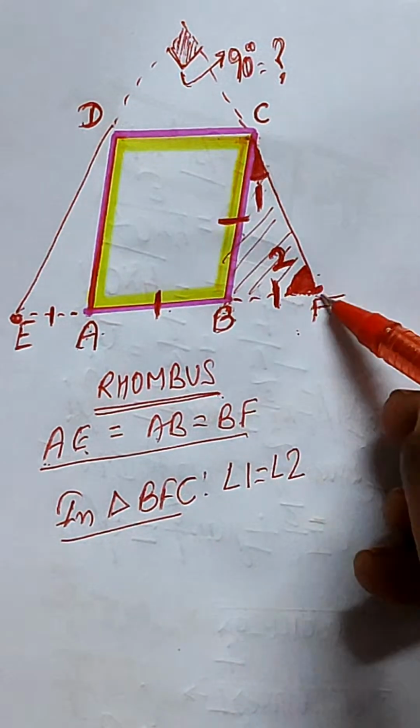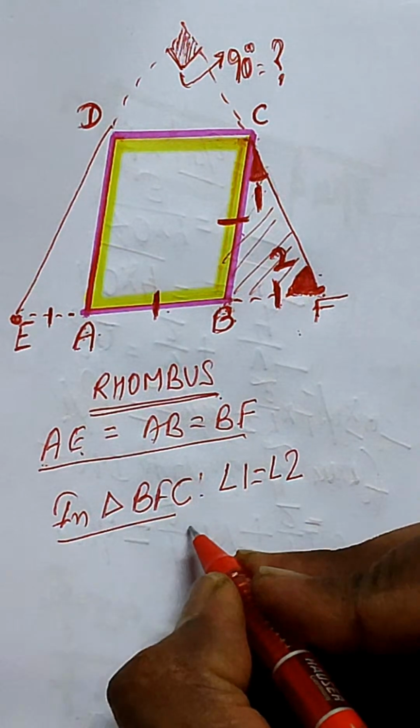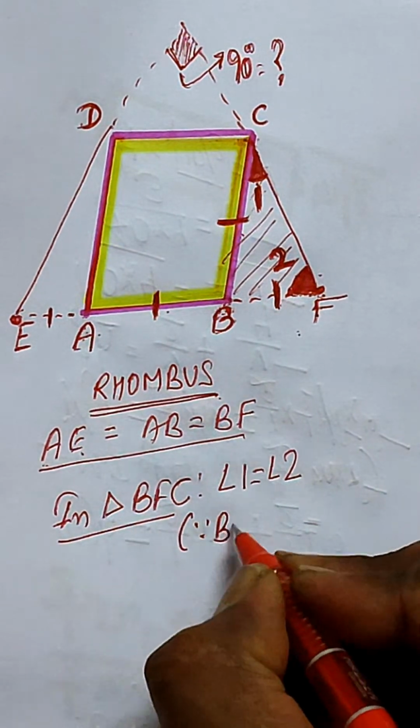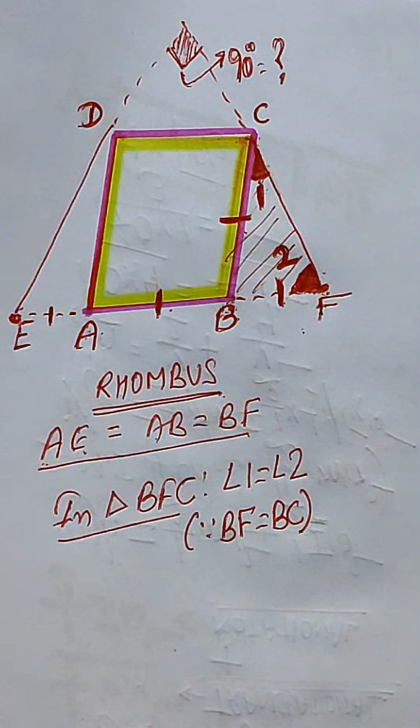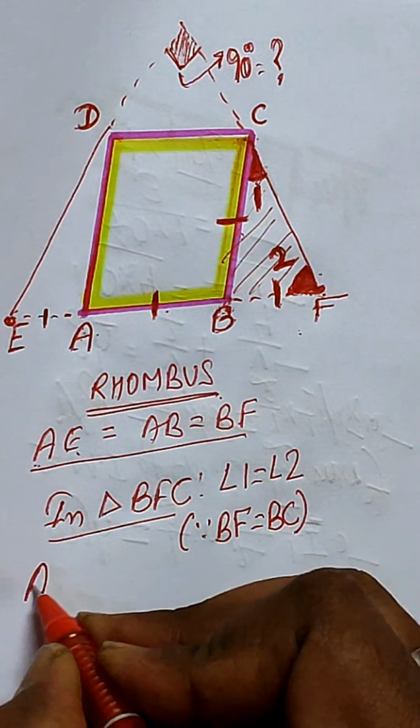Angle 1 is equal to angle 2. Why? Because BF equal to BC, right? And what have we used?